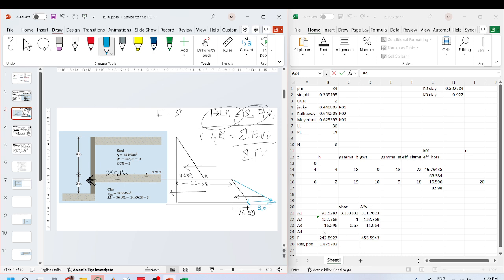Area will be again half of base into altitude. The x bar will be again the same, 2 by 3.